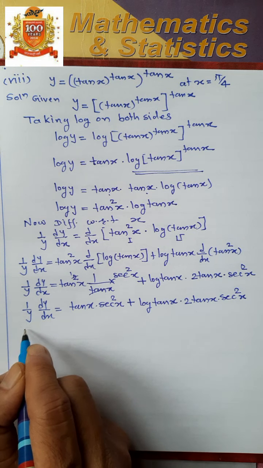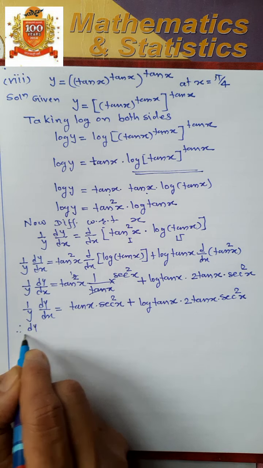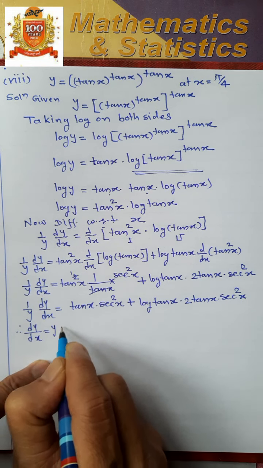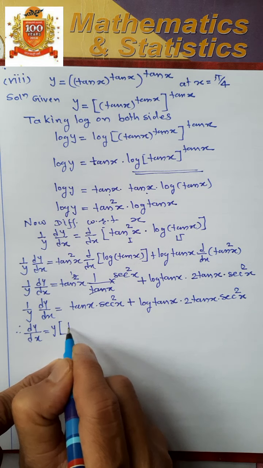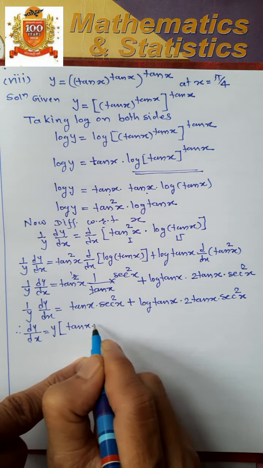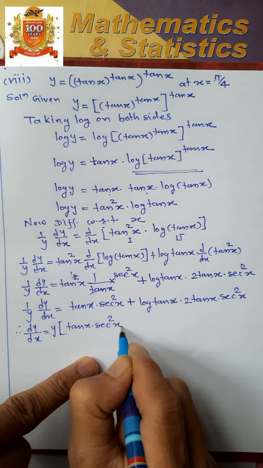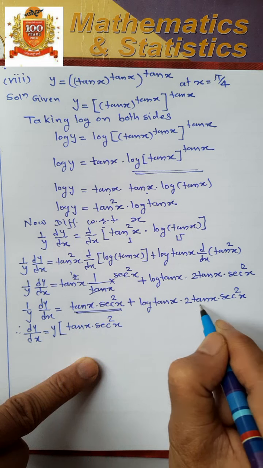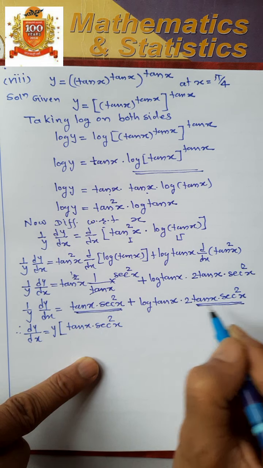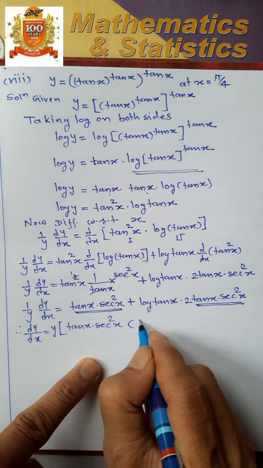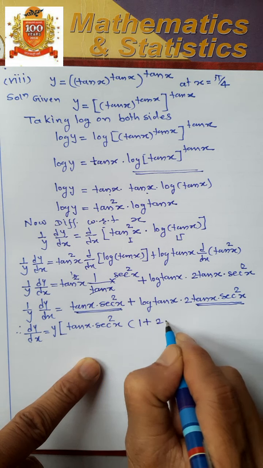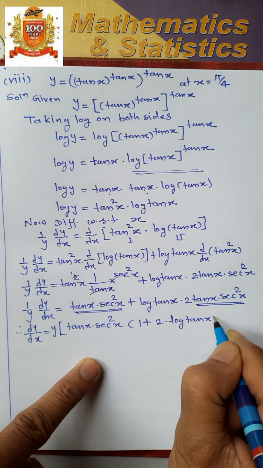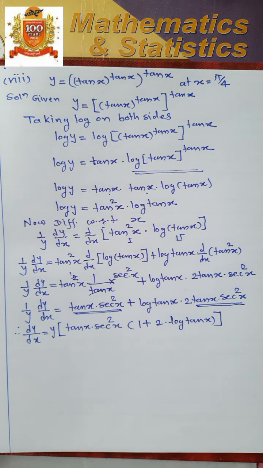Therefore dy by dx is equal to y into tan x into sec square x, we take out common. In bracket we have 1 plus 2 log of tan x.